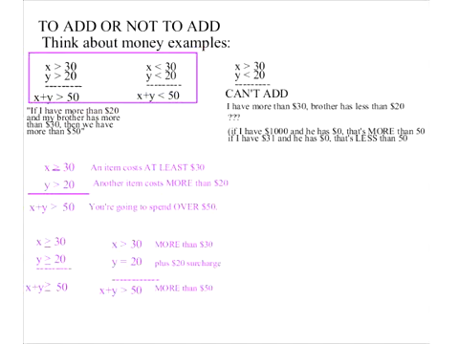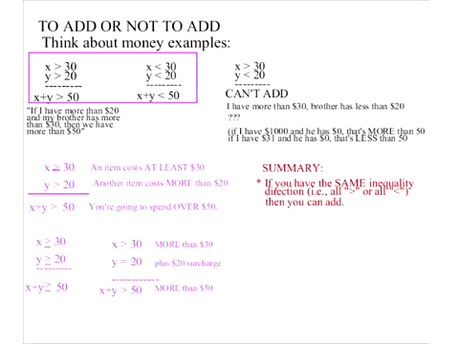So let's sum up here before we move on to another problem. The summary here is if you have the same inequality direction, i.e. all of them are less than or all of them are greater than, then you can add.